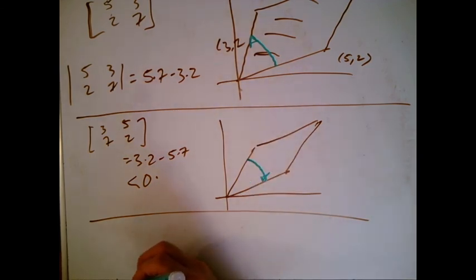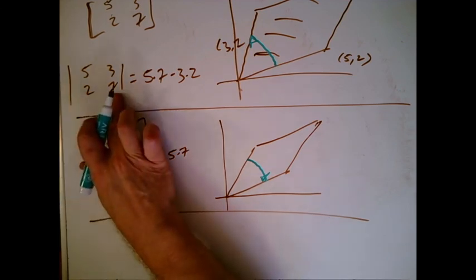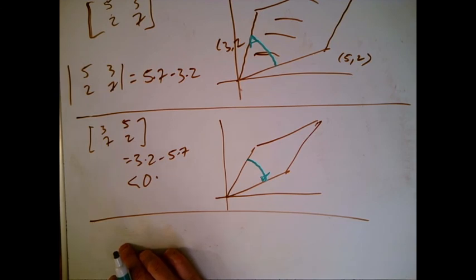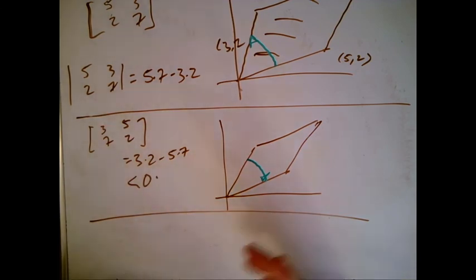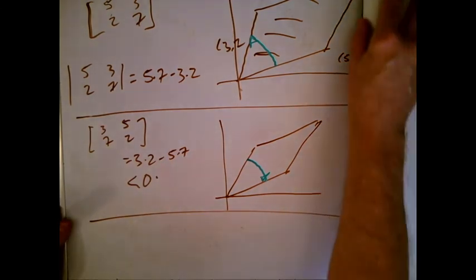So the size of a 2x2 determinant will always be the area of the parallelogram. The sign will be positive if you rotate the first vector counterclockwise to hit the second vector. The determinant will be negative if you rotate the first vector in a clockwise direction and hit the second vector. So it does have a lot of orientation information there as well.